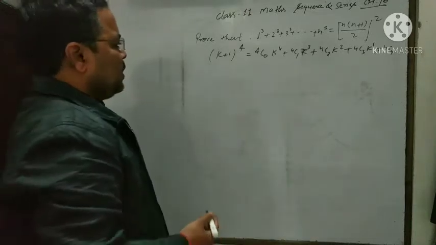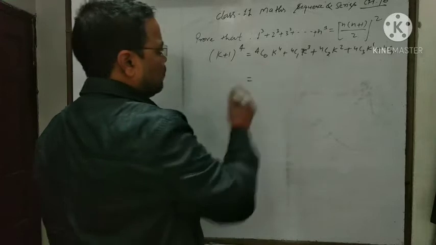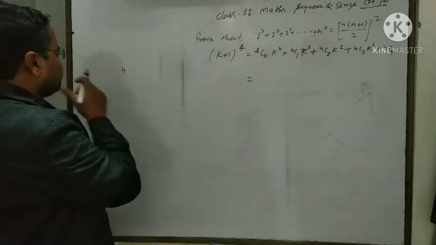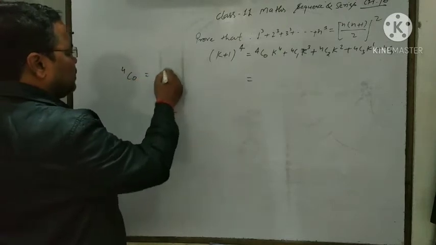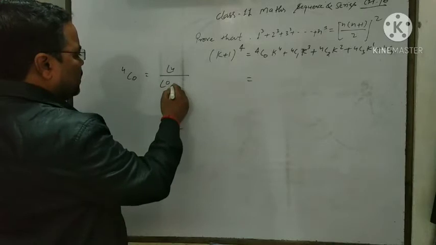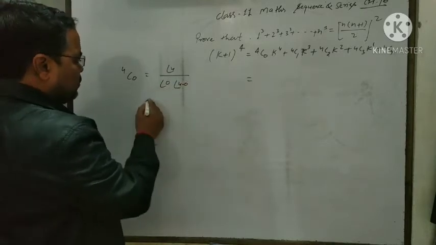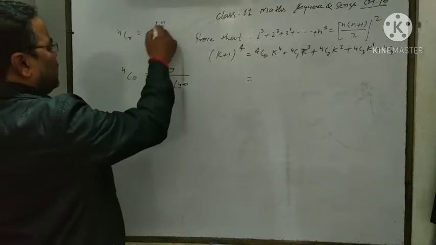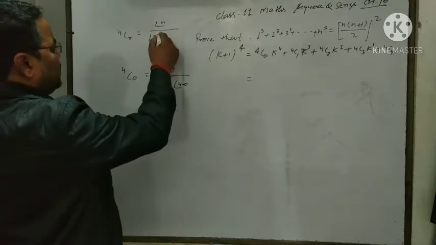Here the value of 4c0 is 1. Why? Because 4c0 we can write as factorial 4 upon factorial 0 into factorial 4 minus 0, since ncr is equal to factorial n upon factorial r into factorial n minus r.